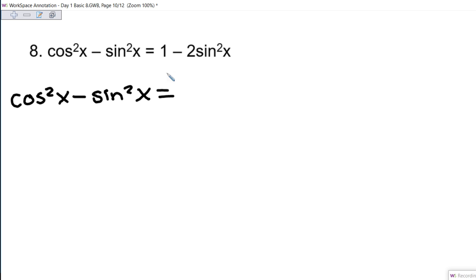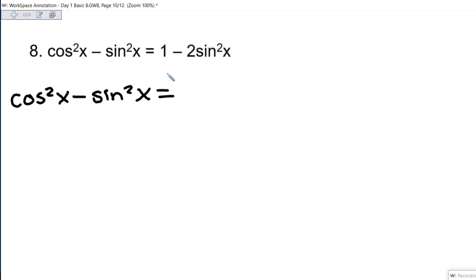So if those two tricks don't work, then really just look at the right side. So notice for the right side I have 1 minus 2 sine squared. Well, on the right side, does it have a cosine in it? No, so we have to get rid of the cosine squared somehow. Now, one other thing we do need to notice. On the left side, we have a negative 1 sine squared, but on the right side, what do we have?